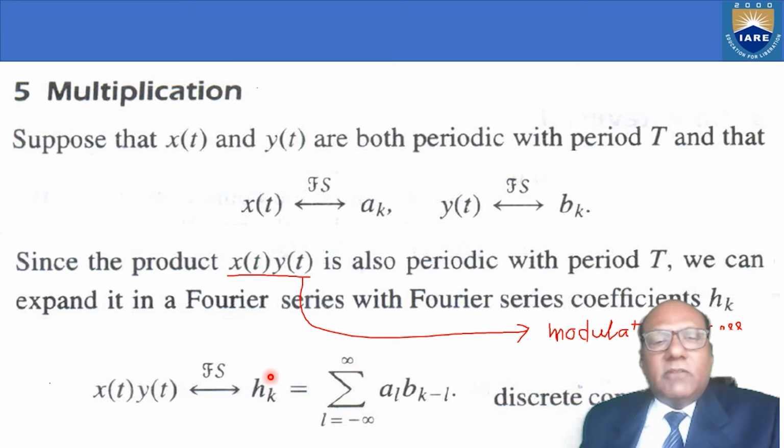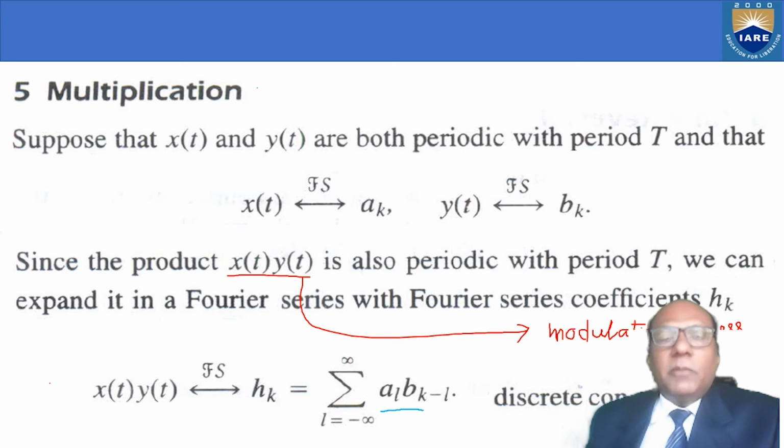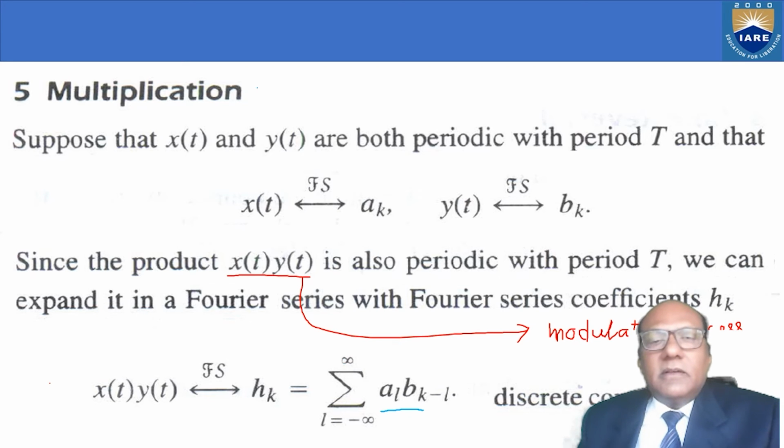H of k is nothing but this operation. So what it means is that A k and B k are related in the form of convolution. Probably later you will study this convolution in more detail.